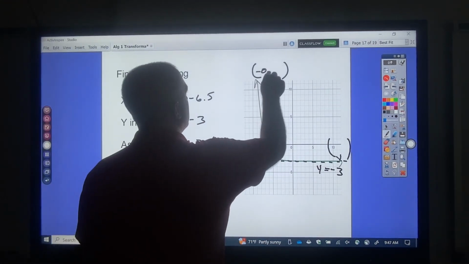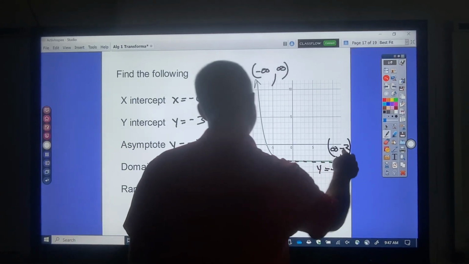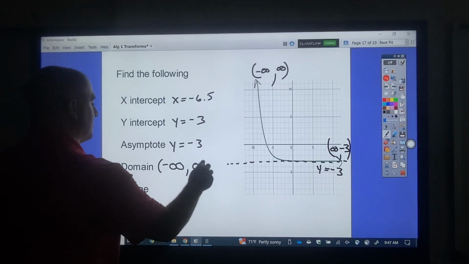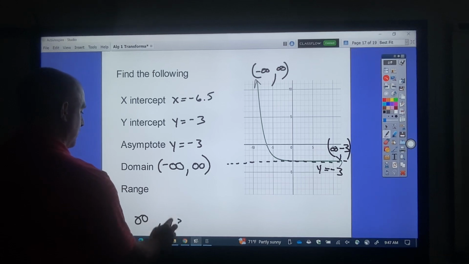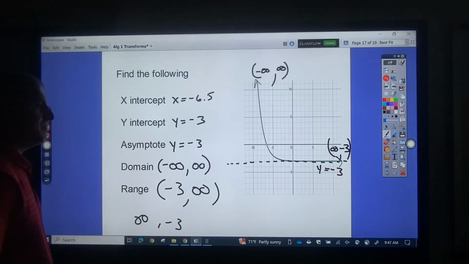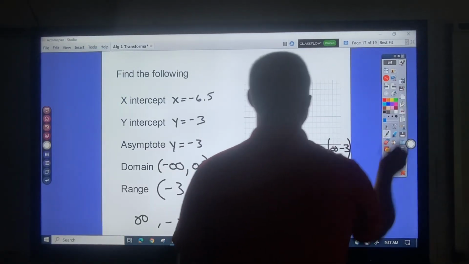This is a left arrow going up. This is a right arrow leveling at negative 3. So my smallest x value is negative infinity, biggest is positive infinity. Now my choices are infinity or negative 3. Which one is smaller? Negative 3, since it comes from an asymptote, curved bracket. This is infinity. And that means the graph goes above the asymptote.